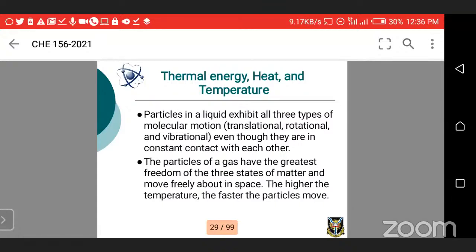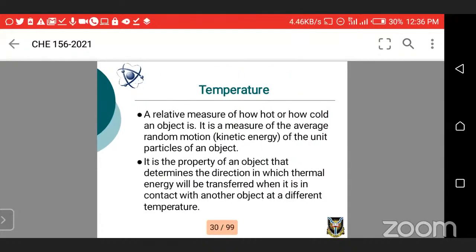They move freely about in space, and the higher the temperature, the faster the particles will move. You must have learned this in your physics classes.